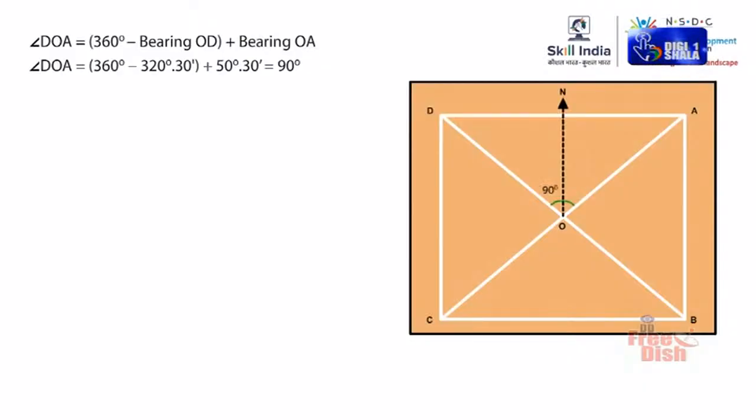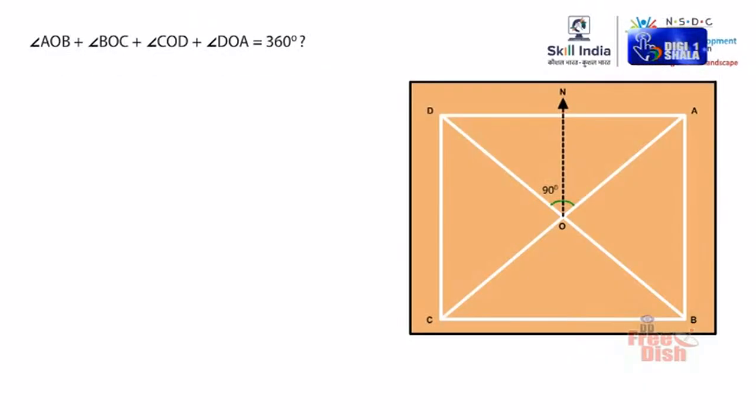To check whether the angles calculated from the bearings are correct, you must add them up and see whether they add up to 360. So let us add angle AOB, angle BOC, angle COD and angle DOA.